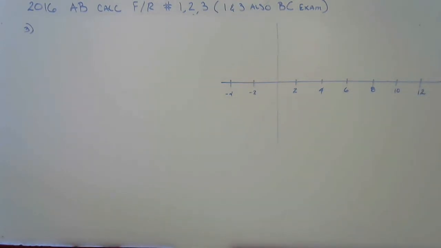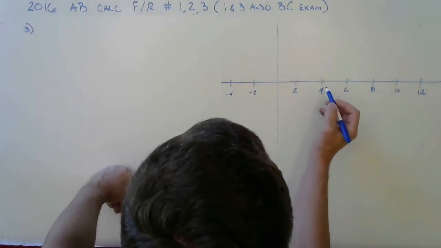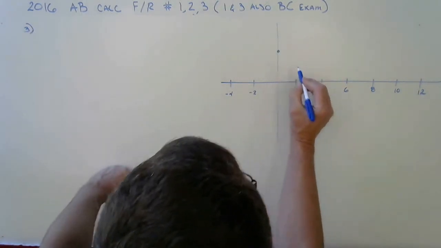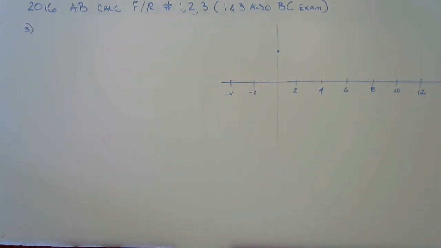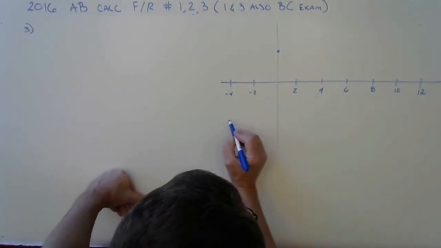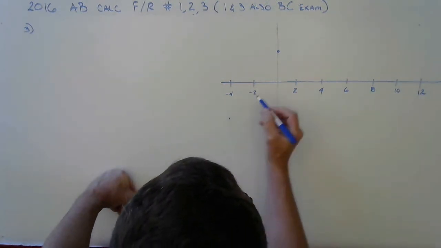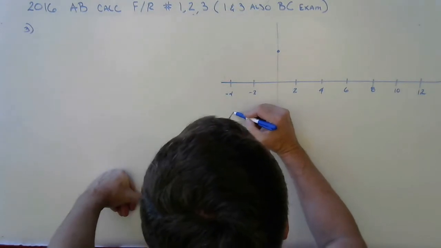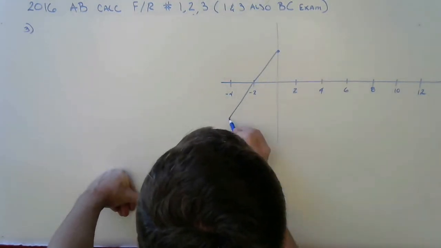So we have a function, and we have a graph of the function. At 0, this is equal to 4. All right, so we'll make 4 right here. It's -4 here. So our first piece of our function looks like this.